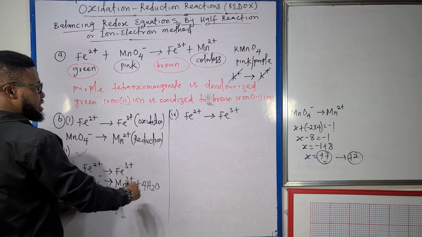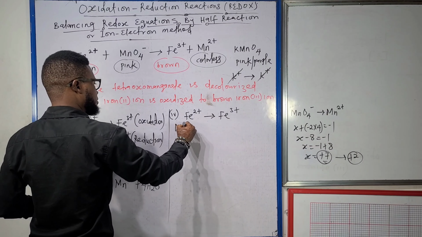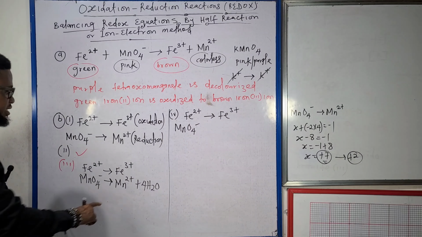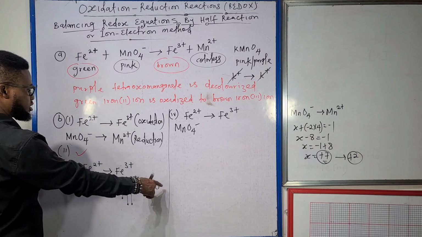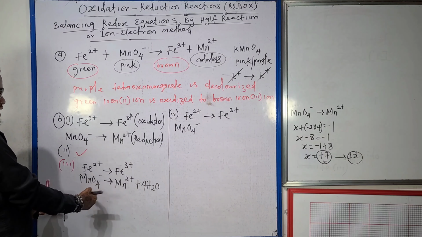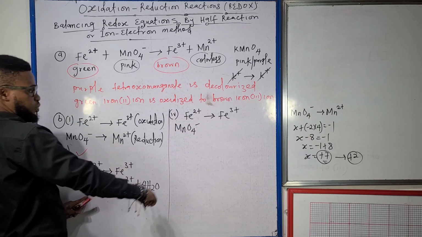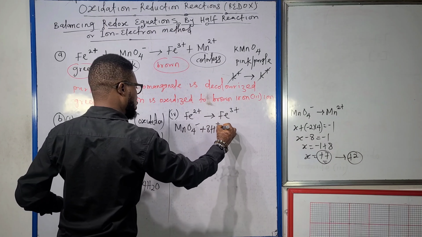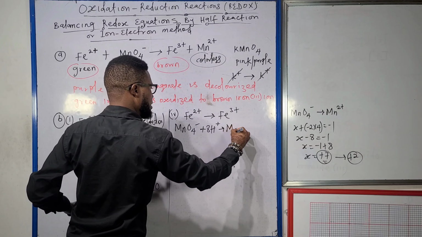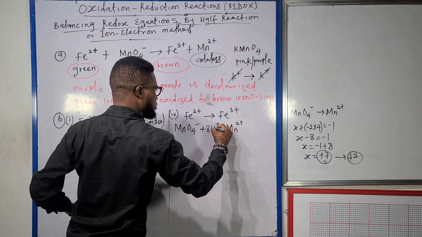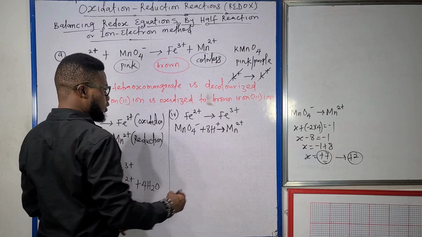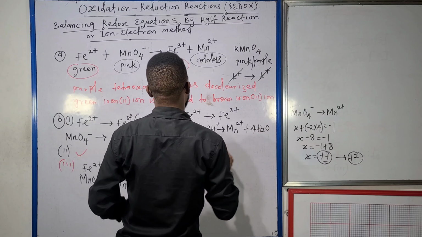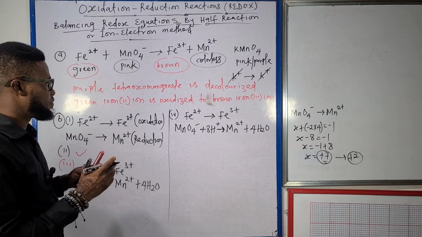Then here, that is MnO4-. Now when you look at this, there is about 4 times 2, 8 hydrogen here. Now the reactant side lacks hydrogen, so that is going to be plus 8H+ to give us Mn2+ plus 4H2O. So that ends step 4.